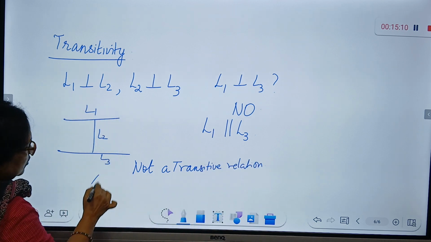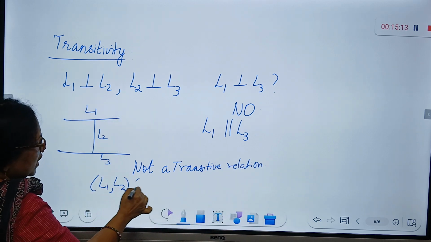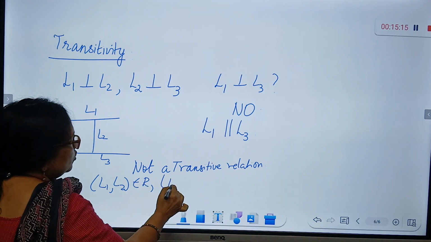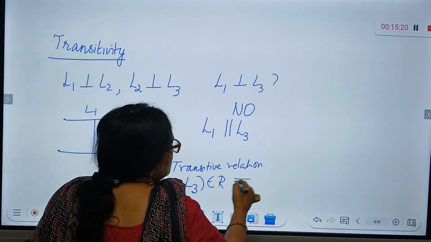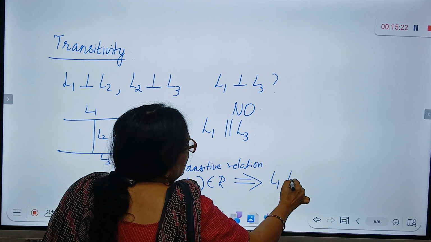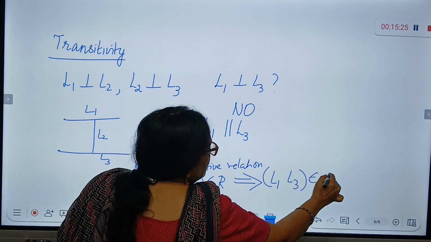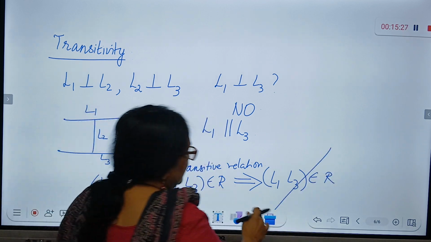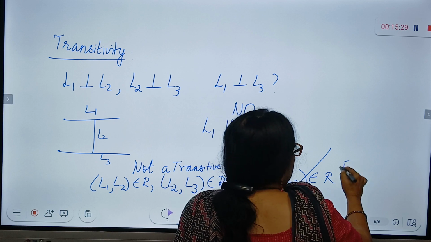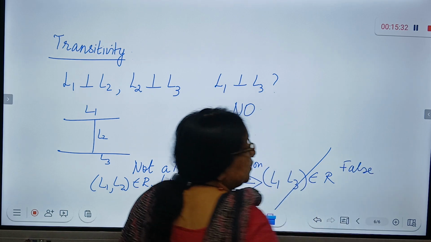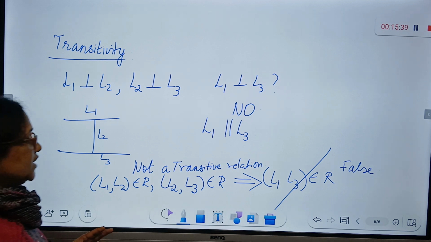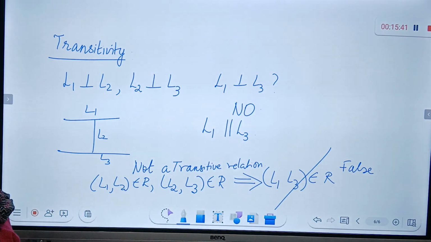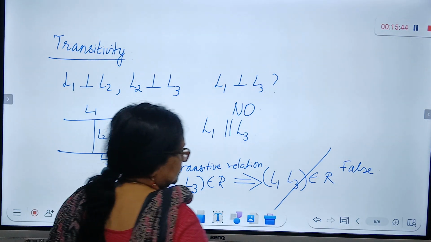Because (L1, L2) may belong to R, and (L2, L3) may belong to R, but it does not imply that (L1, L3) belongs to R. It is a false statement because they will be parallel. So this relationship of being perpendicular to each other is only symmetric. It is neither reflexive nor transitive.